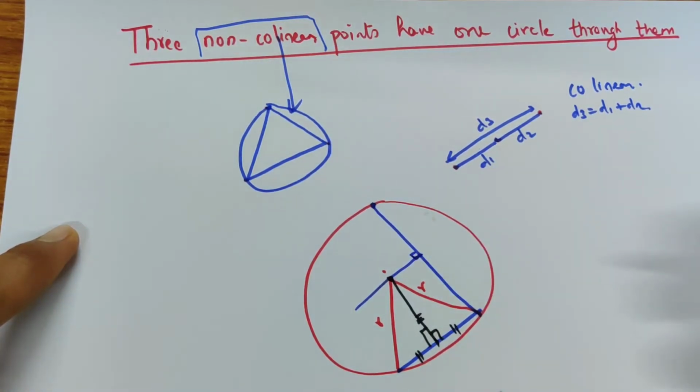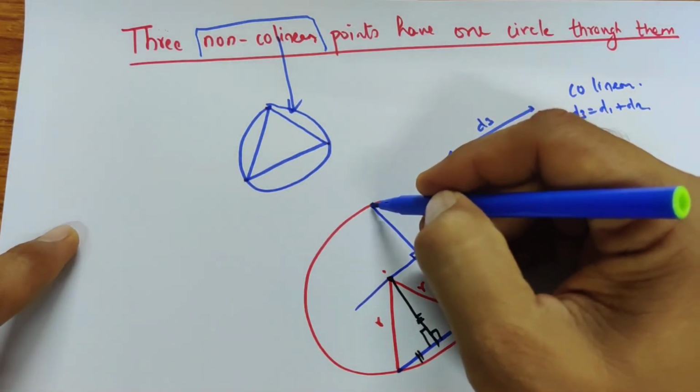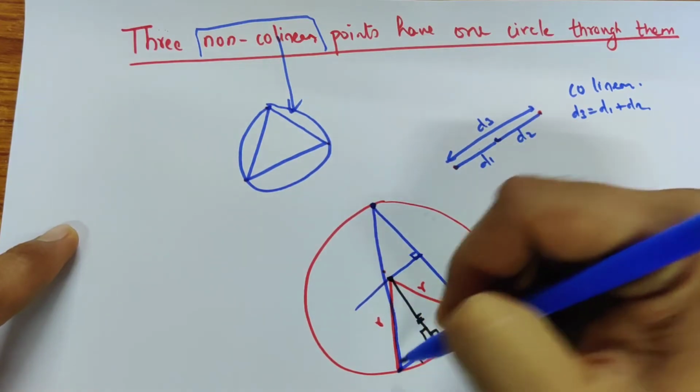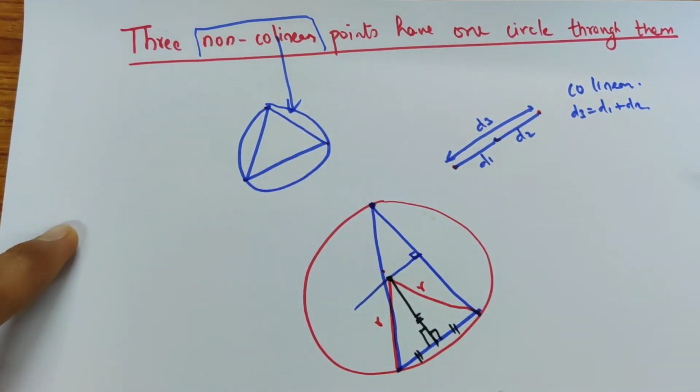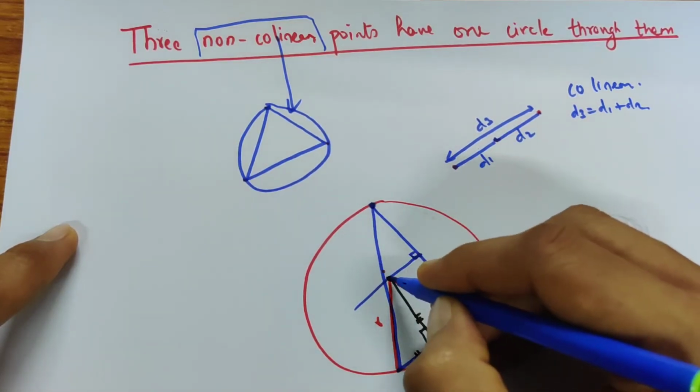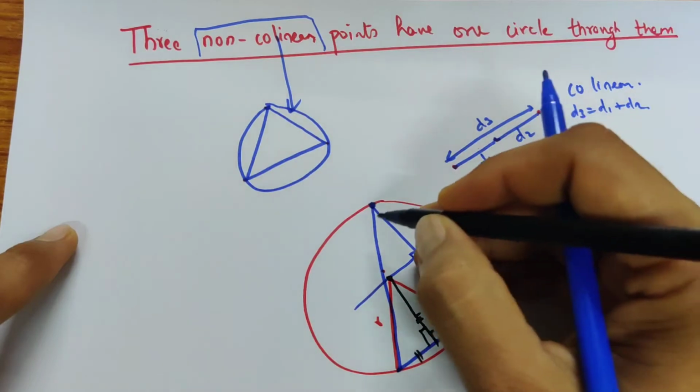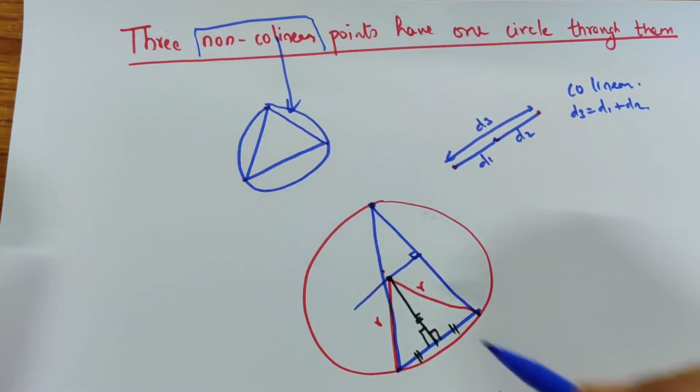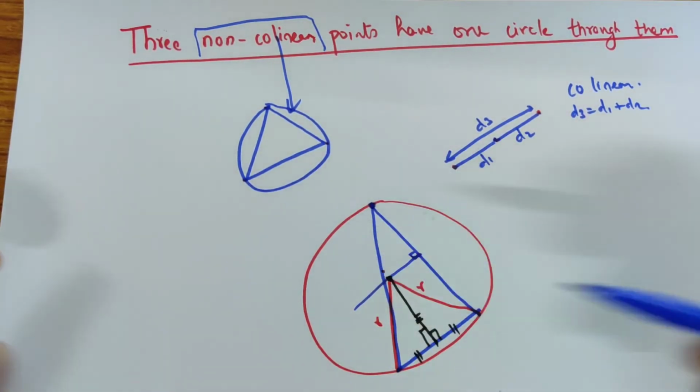In fact, this is how, if you have a triangle, so now you have 3 points, non-collinear, you can draw a perpendicular bisector of 2 of them, get the center, and you will get one circle, and only one circle, that will touch all 3 points. So this is the property.